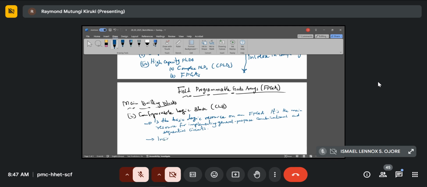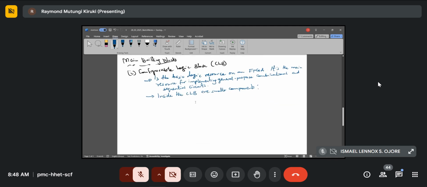We have just seen that in that presentation. Inside the CLB are smaller components. Examples of those components, what have we seen? Yes, very quickly, we have already seen.